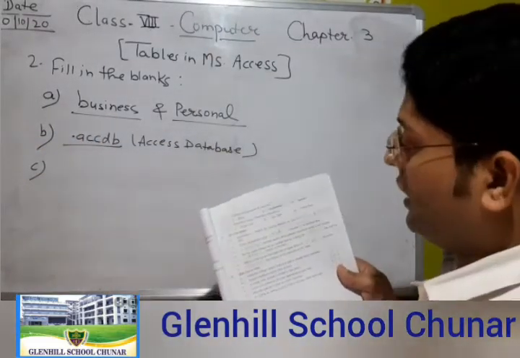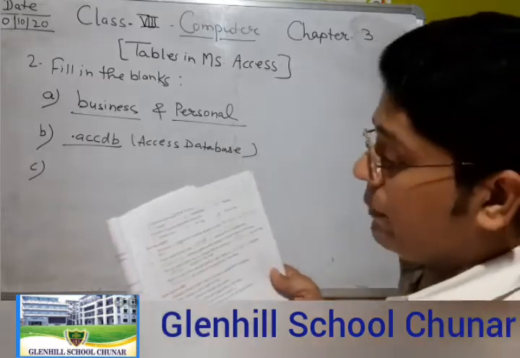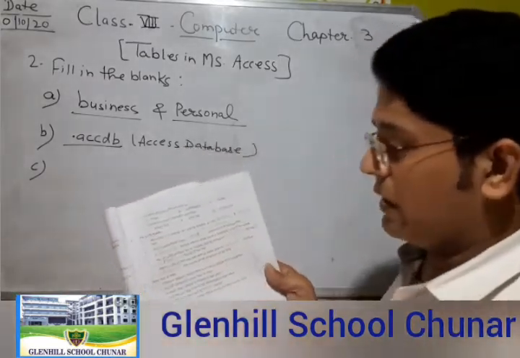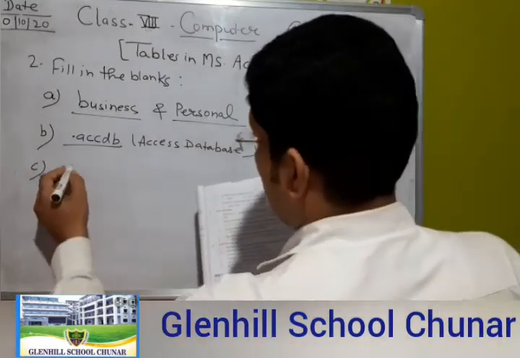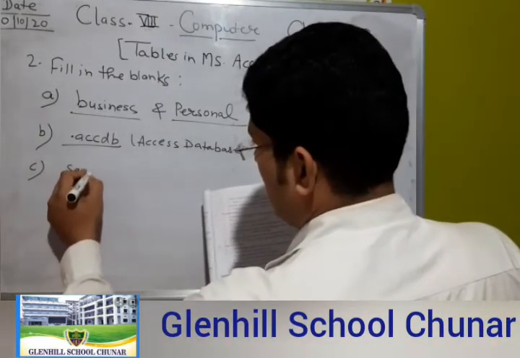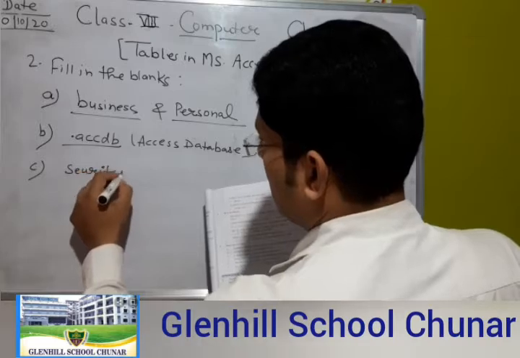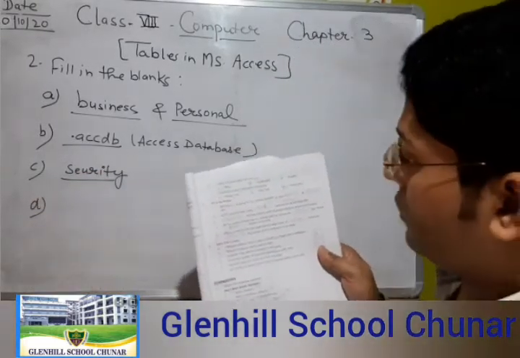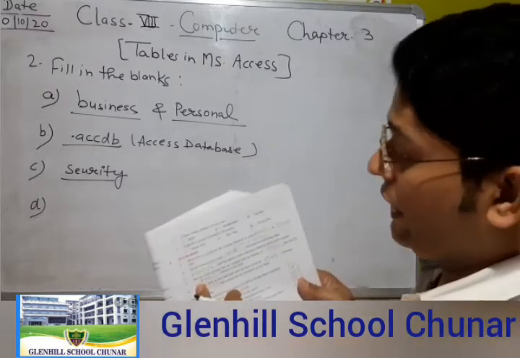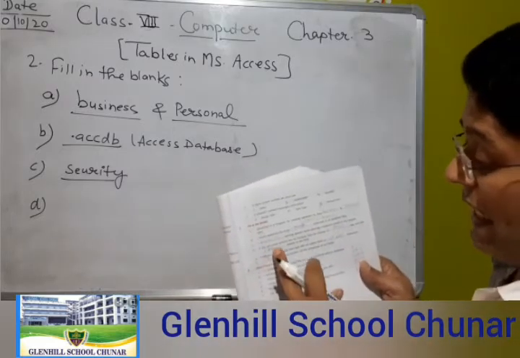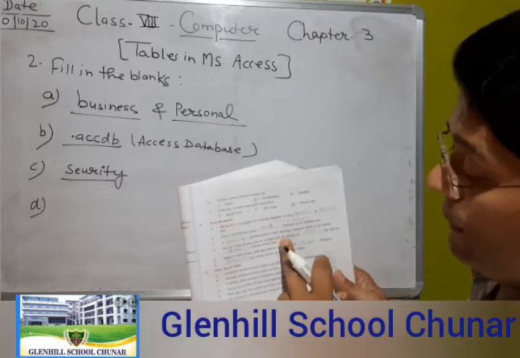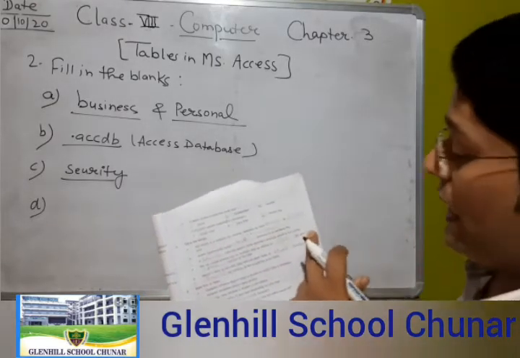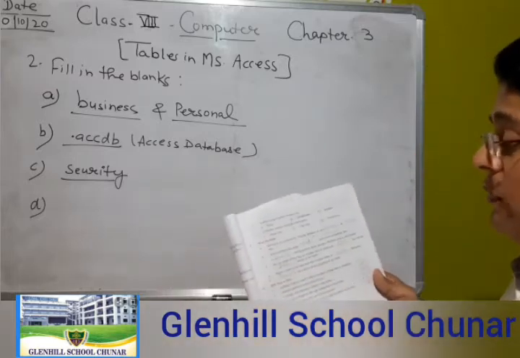And C, a security warning appears while opening a database which is not trusted. D, we can create a primary key on multiple fields by clicking the control key and the row selector of the field.